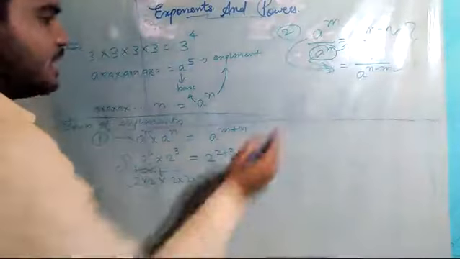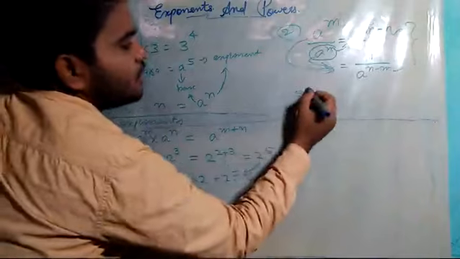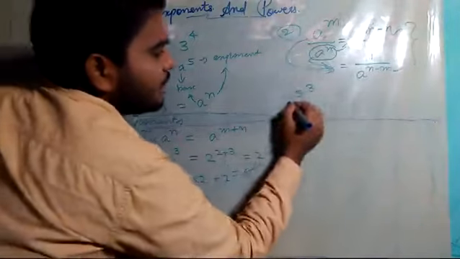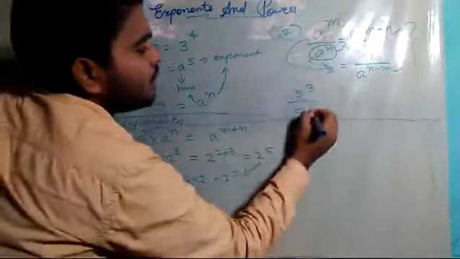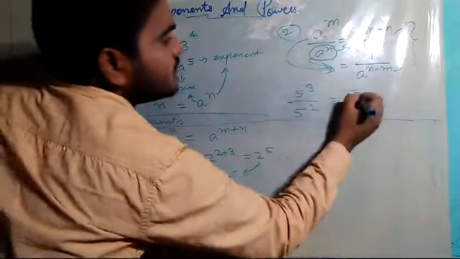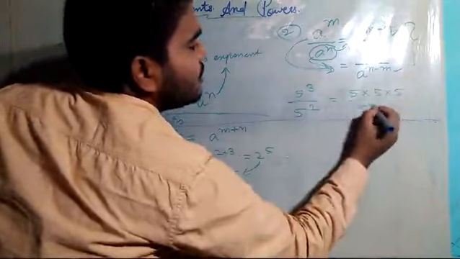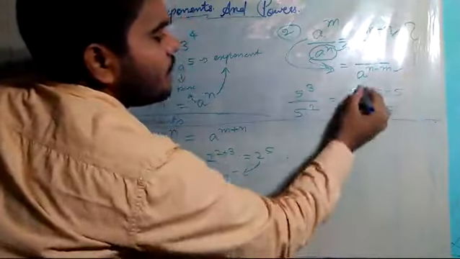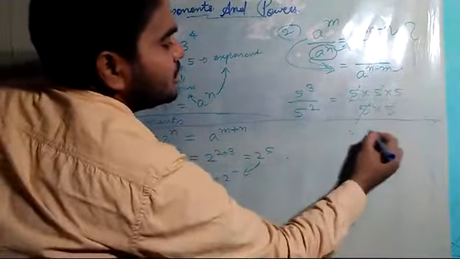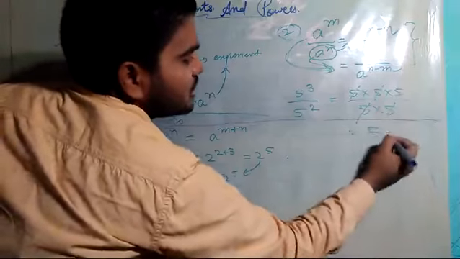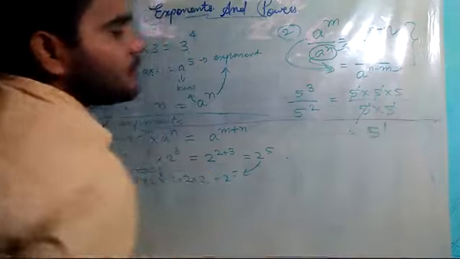Now take an example like 5 raised power 3 divided by 5 raised power 2. If you write this, it will be 5 into 5 into 5 whole divided by 5 into 5. Two 5s cancel. Here you get 5, that means this is equal to 5 or 5 raised power 1.